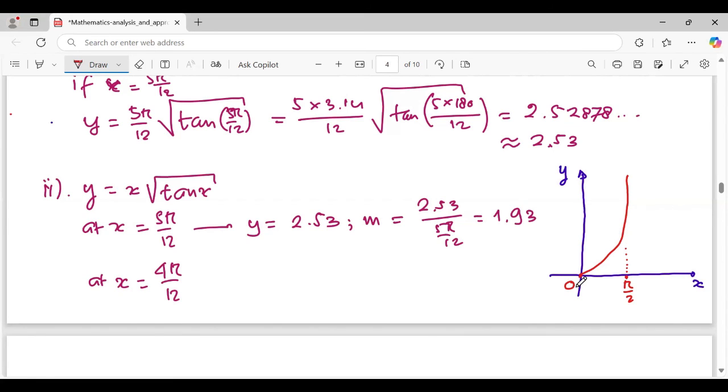Recall the interval from 0 to pi over 2.